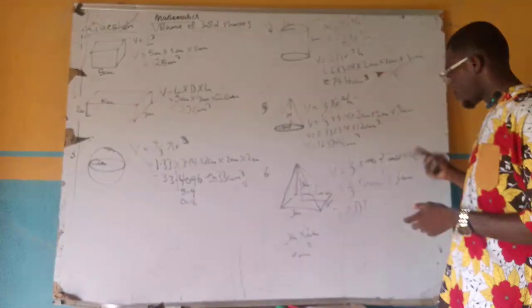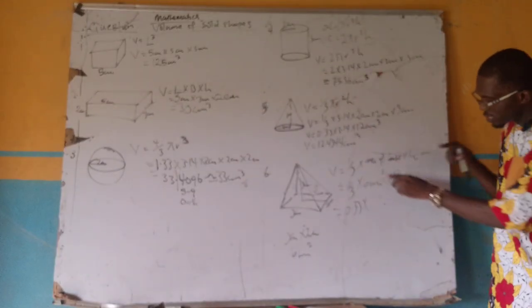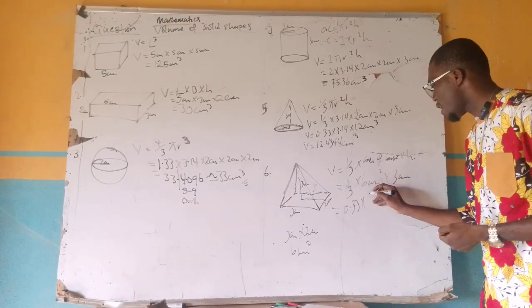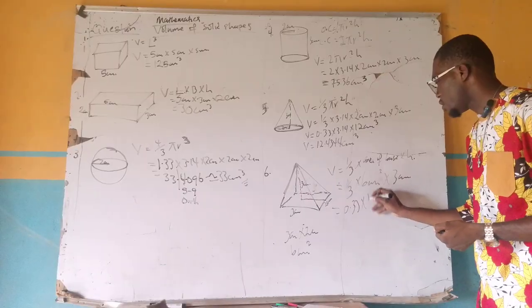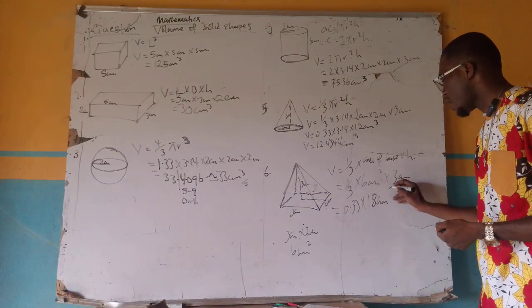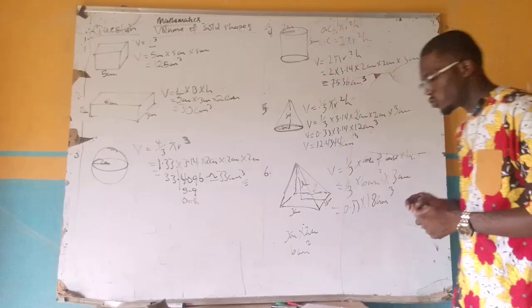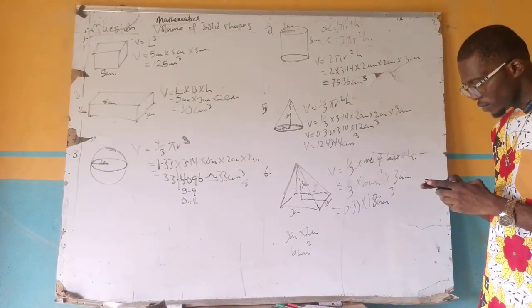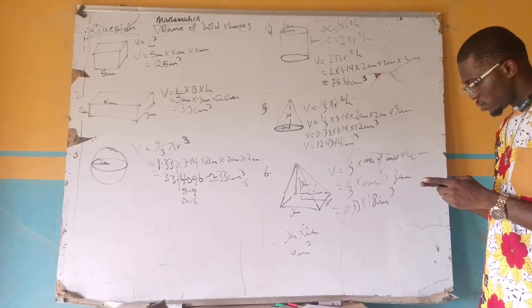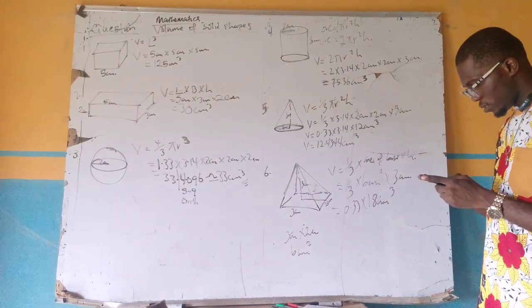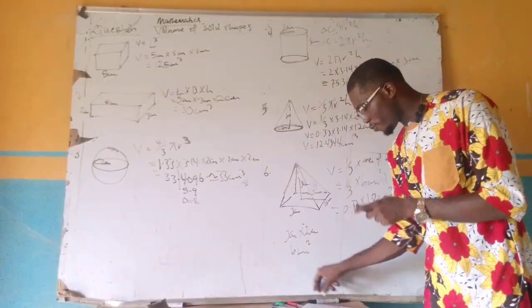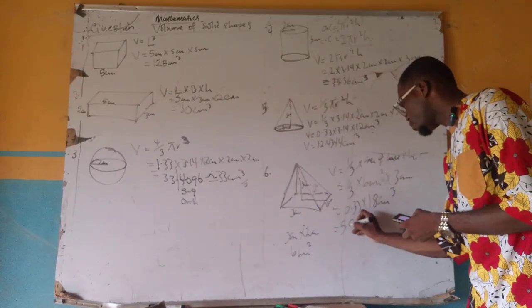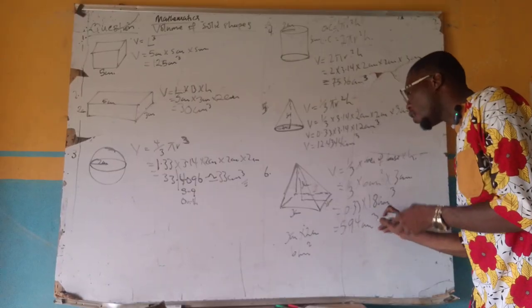Remember centimeter square times centimeter gives centimeter cube. So 0.33 times 18 gives 5.94 centimeter cube.